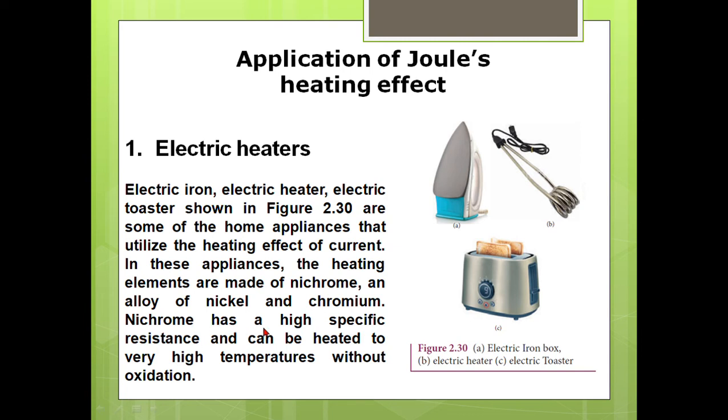Nichrome has a high specific resistance and can be heated to very high temperatures without oxidation. This point is very important.